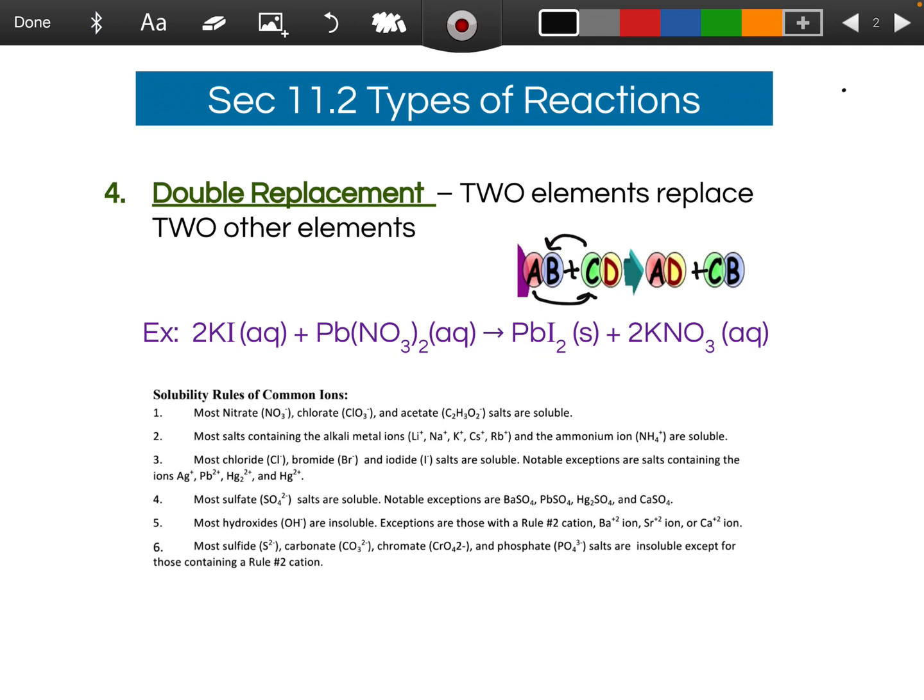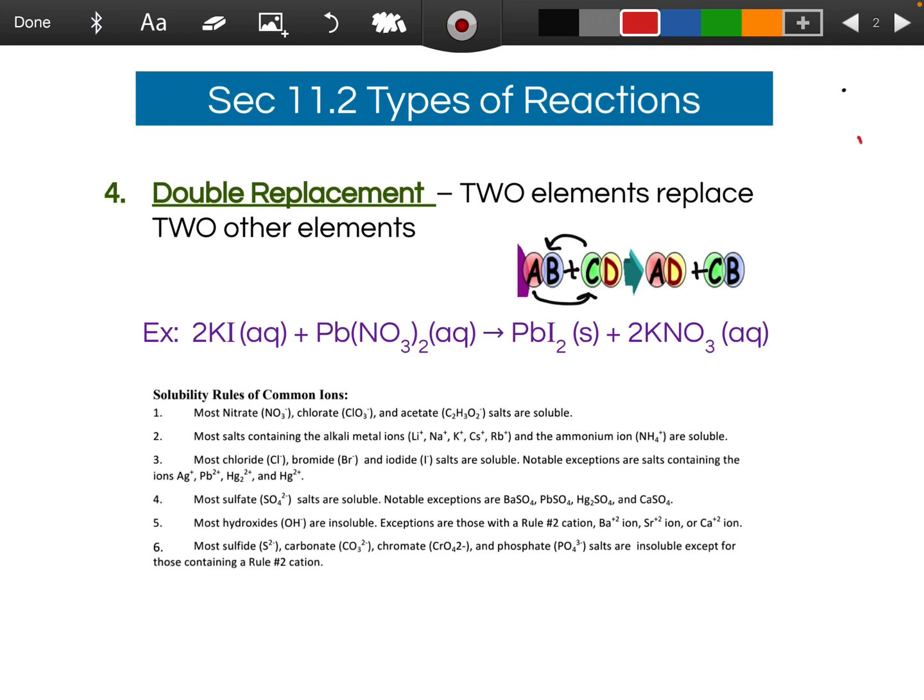So when you look at a reaction, if you have two ionic compounds, so an ionic compound is a positive with a negative, if you have two of those reacting together, then you're going to have a double replacement reaction. A compound is going to consist of a positive and a negative ion reacting with another positive and another negative ion. So those are things to look for.